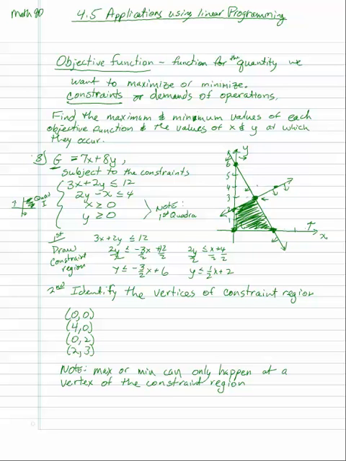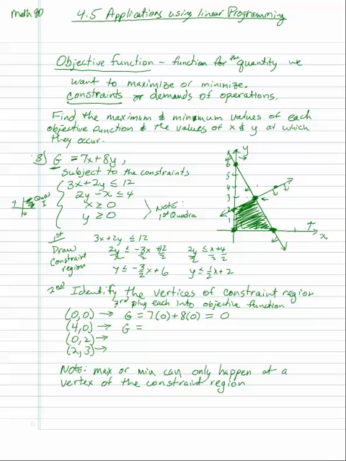So basically I'm just going to plug all these in. My third step now is to plug each into the objective function, which is G. So G is equal to 7 times 0 plus 8 times 0. That gives you 0.